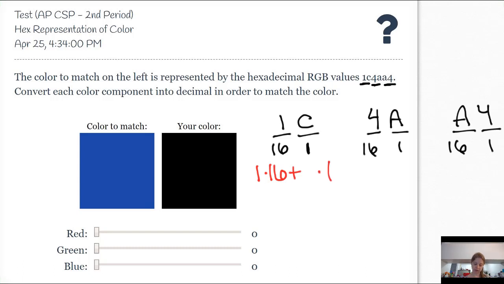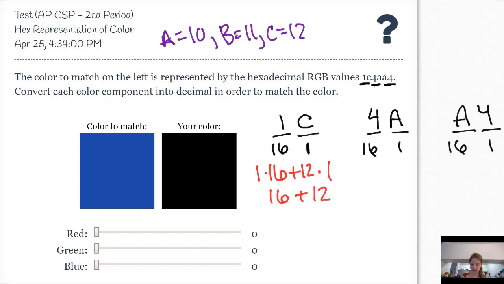A is 10, because we can use our decimal numbers to go from 0 to 9, but now for 10 I need a letter. So A is 10, B is 11, C is 12, and that's as high as I need for this one. So 1 times 16 is 16, plus 12 times 1 is 12, and my red value is 28.